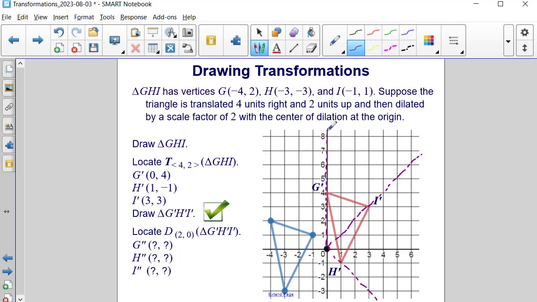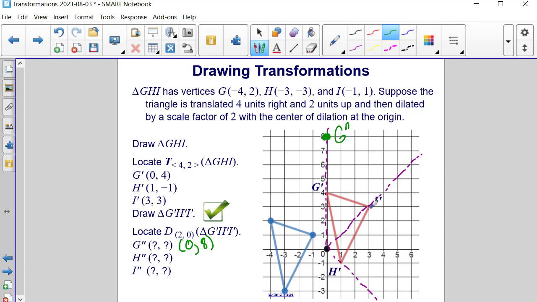Each point is going to follow one of these lines, and we're going to go out to be double. So the distance from the origin to point G prime is 4, therefore the distance between the origin and the point G double prime will be 8. So G double prime will be up at this point, (0, 8).